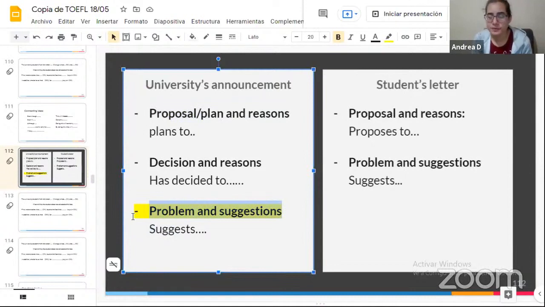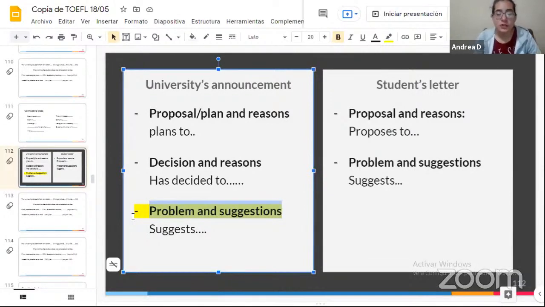Maybe the current menu of the cafeteria is too expensive. So they have two suggestions. Maybe they want to not change the menu, or they could eliminate it or create another cafeteria.